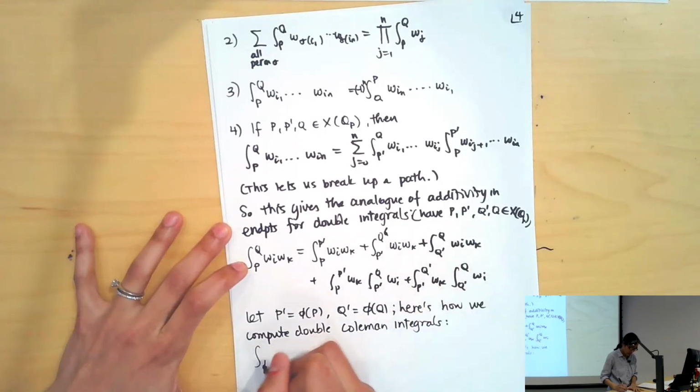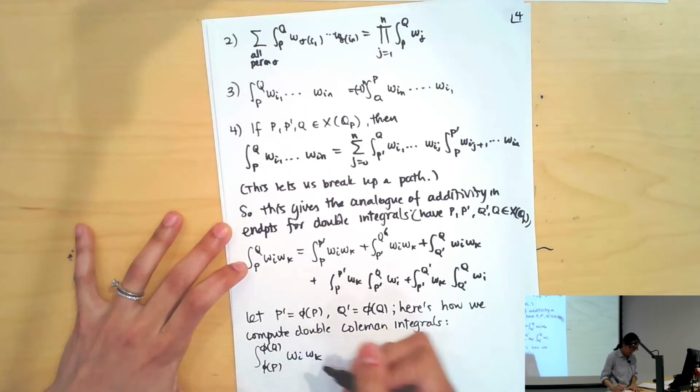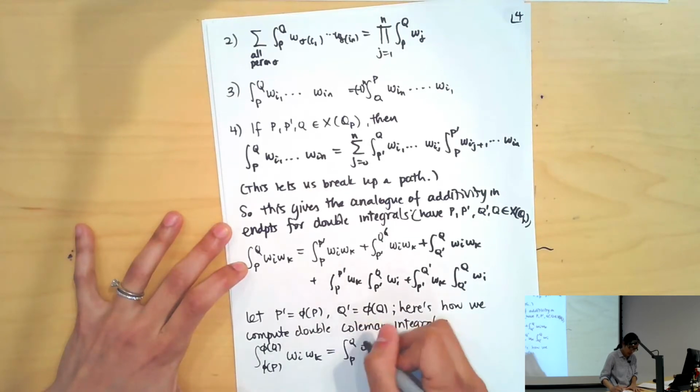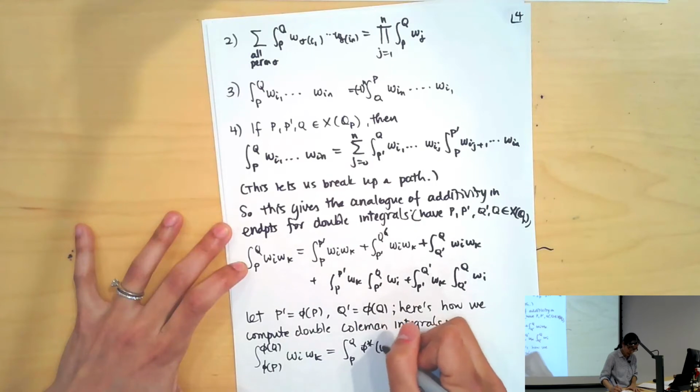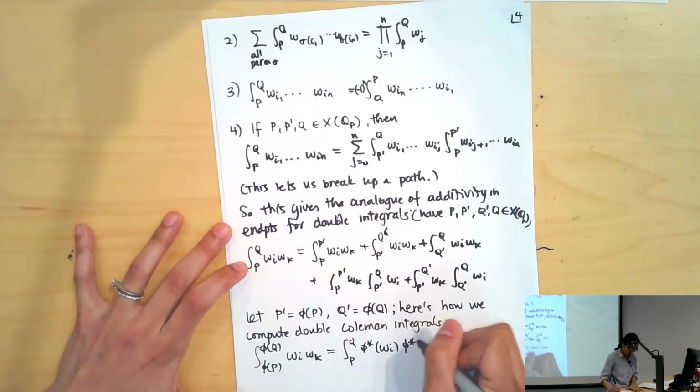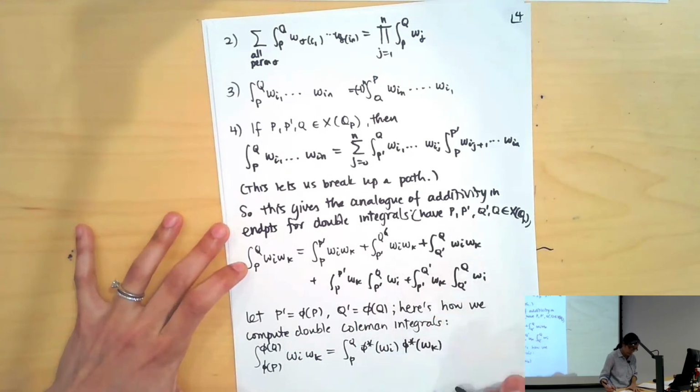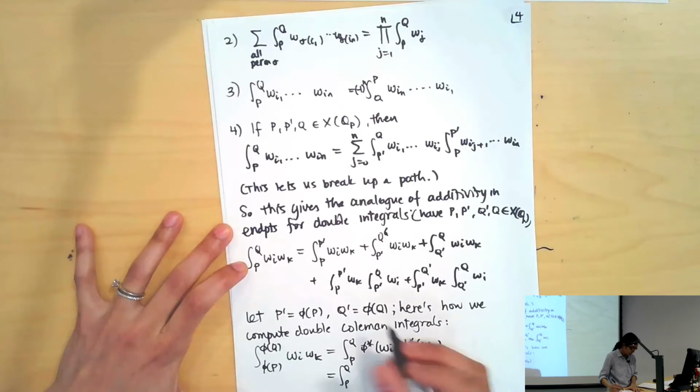So we have Frobenius on p, Frobenius on q of some differential omega I, omega k. And we want to pull back by Frobenius. So this is Frobenius on omega I, Frobenius on omega k. And then we separately, for each differential, apply an algorithm to compute the action of Frobenius and get an expression of this form.